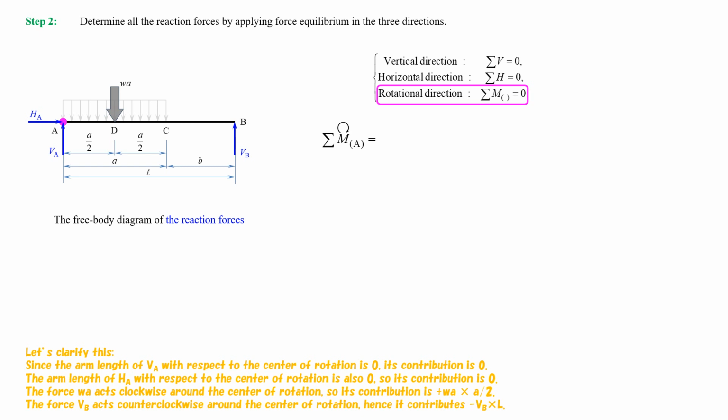Since the arm length of VA, with respect to the center of rotation is 0, its contribution is 0. The arm length of HA, with respect to the center of rotation is also 0, so its contribution is 0.